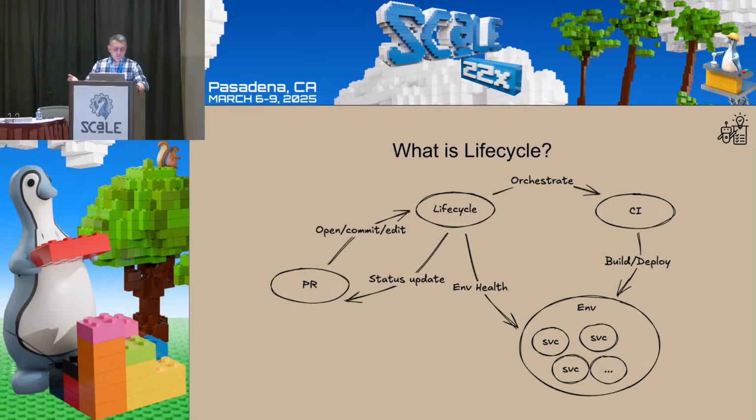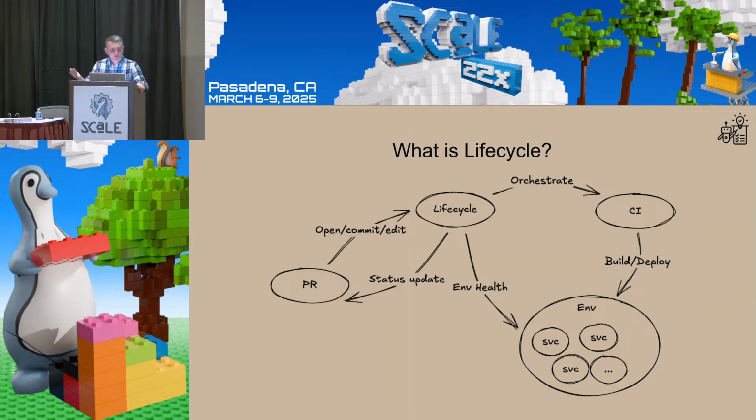So Lifecycle is essentially the orchestrator between GitHub pull requests and our infrastructure. It leverages our existing CI to both build and deploy. It does not natively do the builds and deploys, and this was, I guess, a specific design decision made so that our ephemeral environments are the same as what we have going to production or in our static environment.